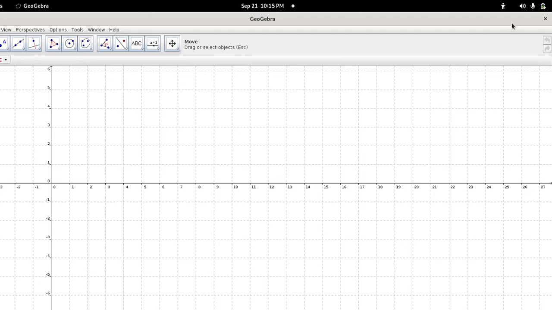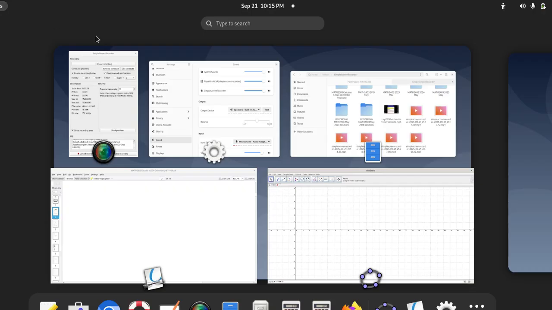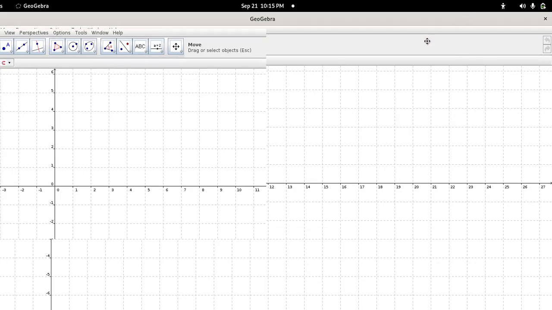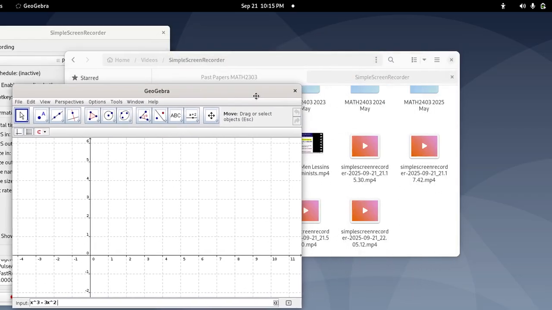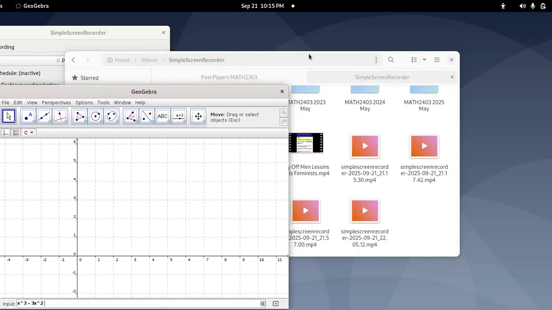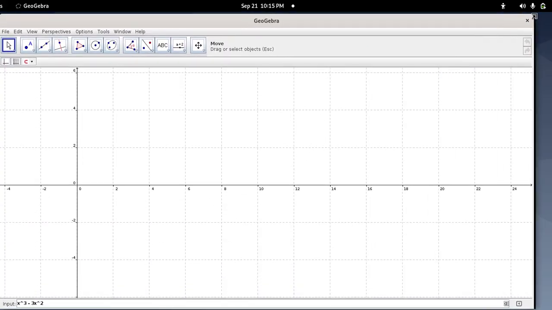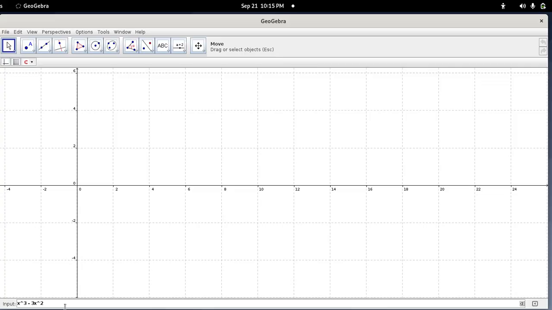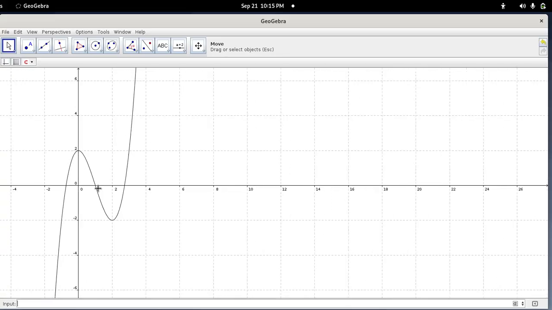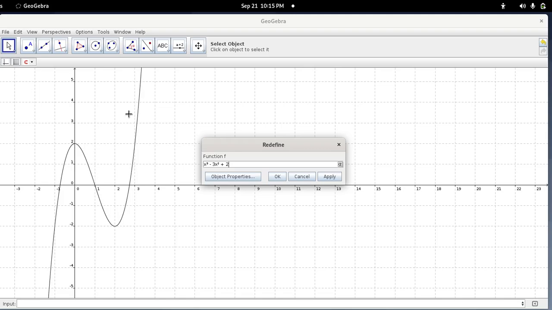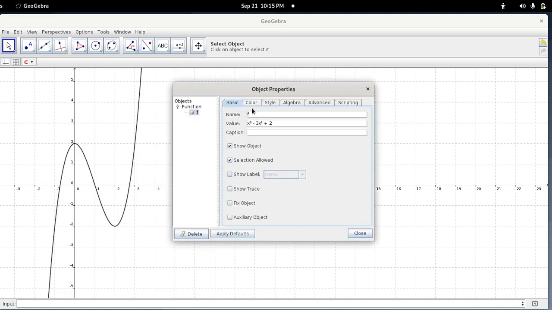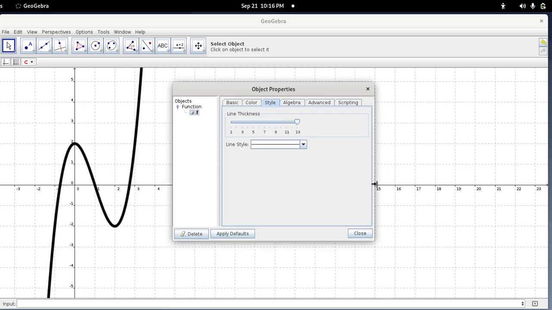Let me resize this. Make sure you can see everything here. X cubed minus 3x squared plus 2. Let me make this line thicker.